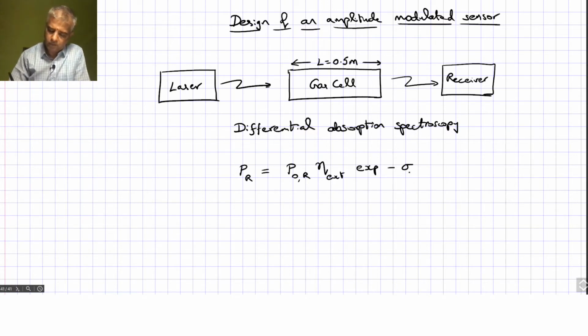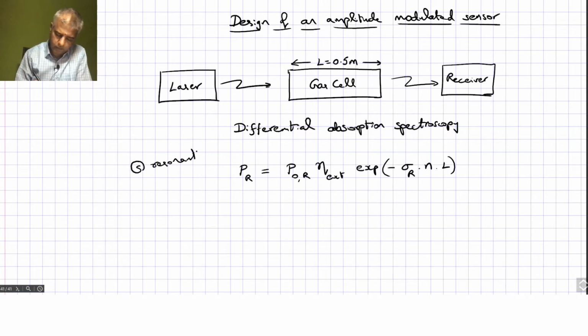So you have sigma_R, the transition cross section, multiplied by n, the concentration of the gas, which is what we want to measure, multiplied by L, the length of the gas cell. And that is at the resonant wavelength, which has been given as 1100 nanometers.